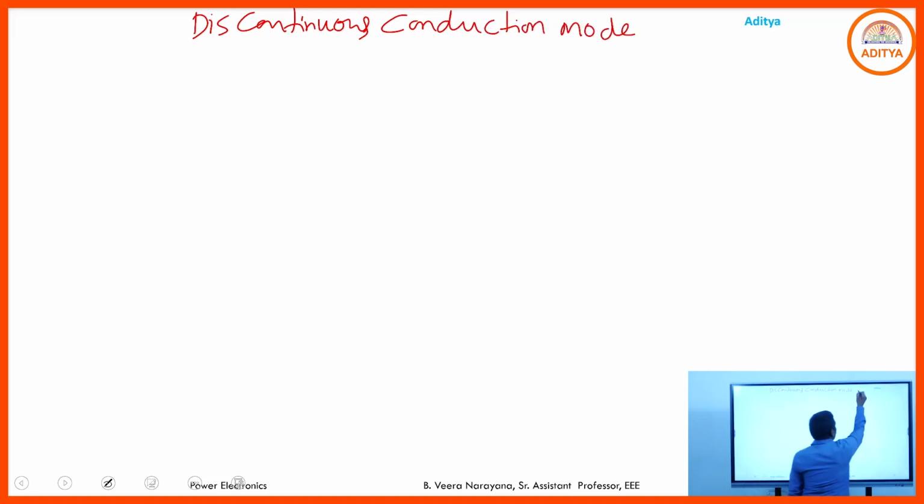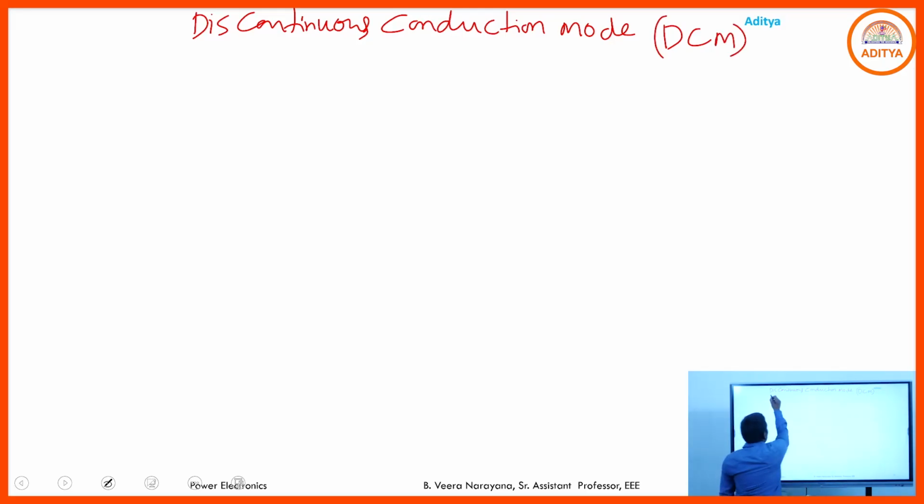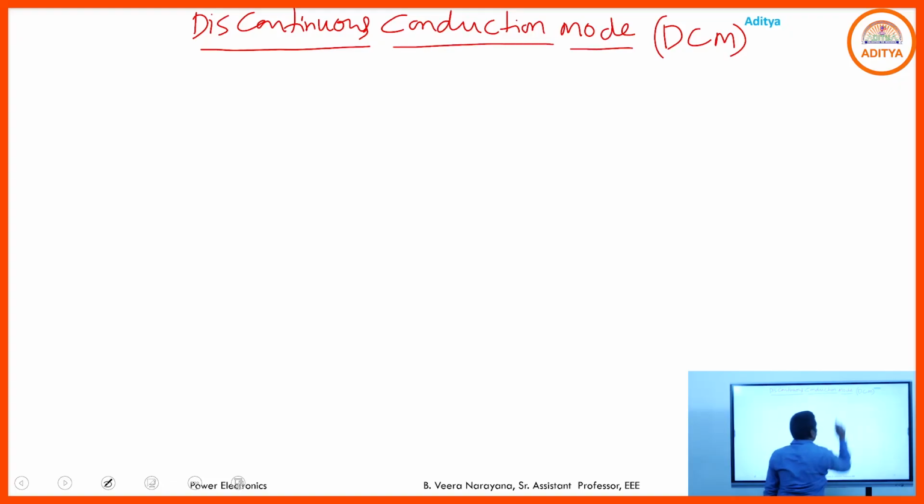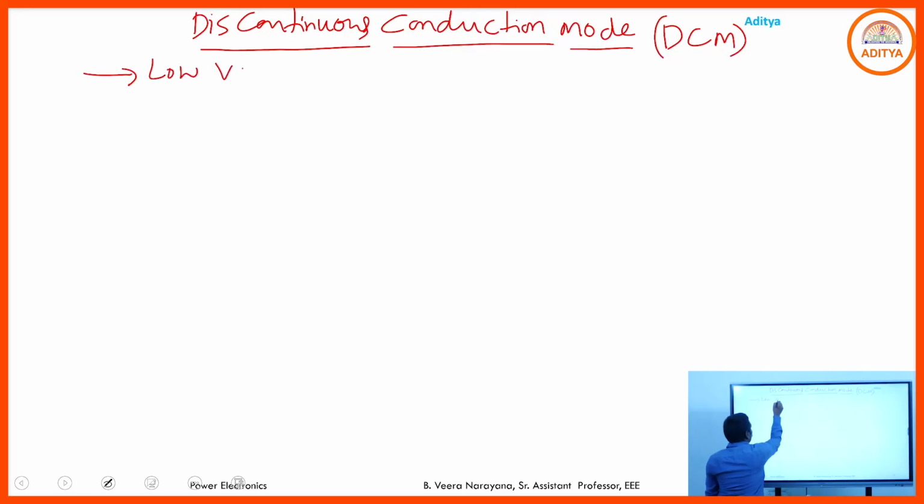Discontinuous conduction mode is simply represented as DCM, and continuous conduction mode as CCM. Here we are able to draw the output voltage and current waveforms for discontinuous conduction mode, which holds whenever you have a low value of L in the load.